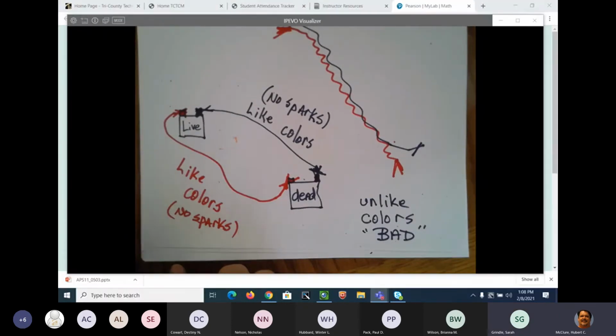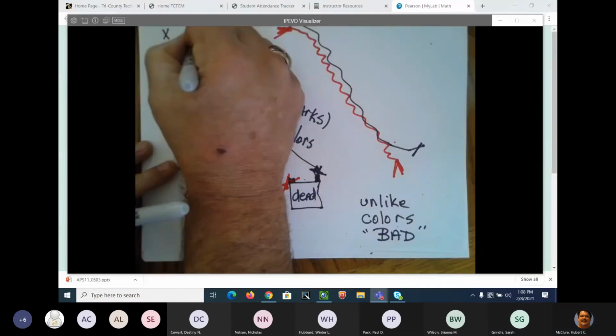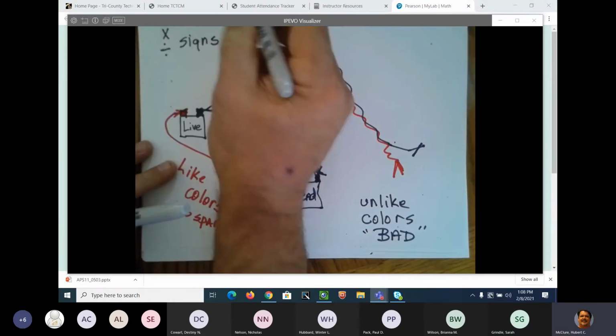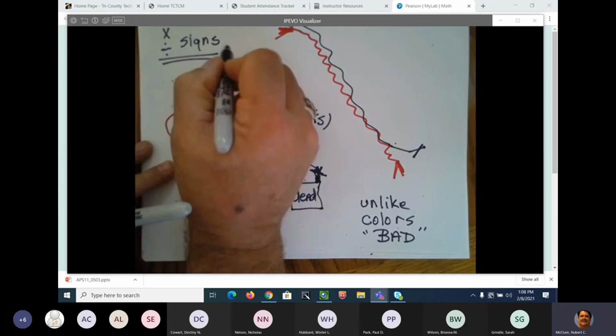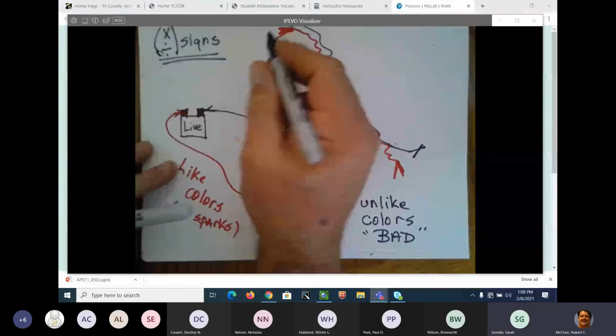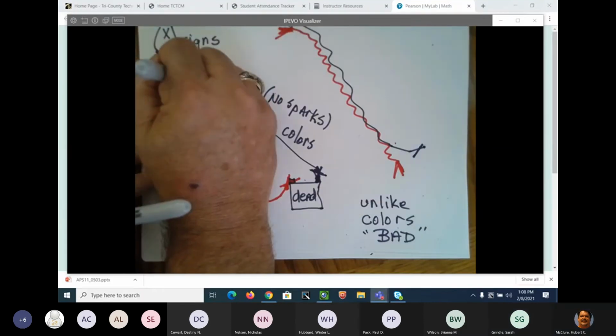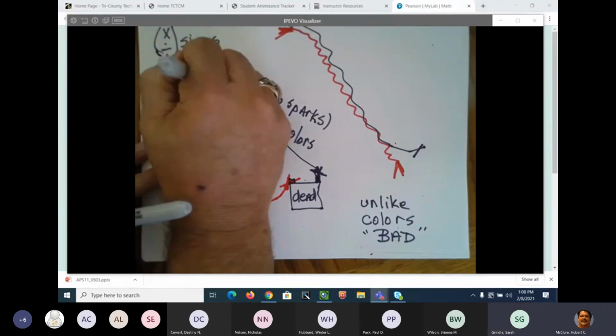Now, what's that got to do with multiplying and dividing signs? Same thing. If you multiply or divide signs, all you got to remember is 2 rules. Does anybody know those rules? Like, or what?